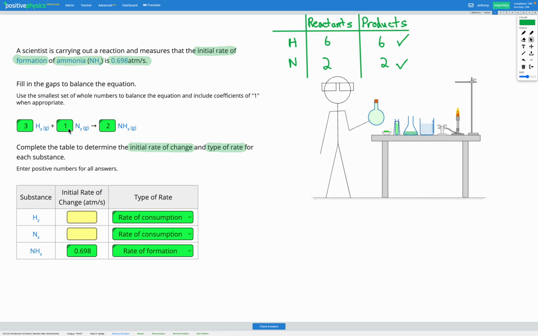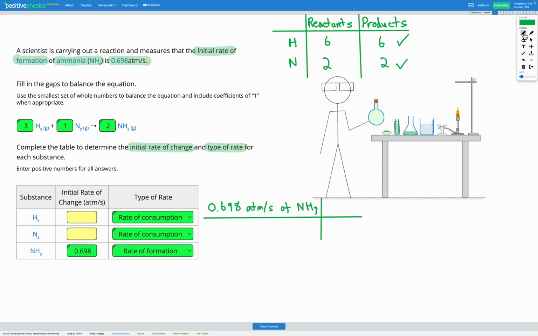It's going to be in ratio with how much we have in our balanced chemical equation. So I'm going to set this up like a normal stoichiometry problem with a dimensional analysis table. I'm going to start by writing the initial rate of change of my known thing. So I've got 0.698 atmospheres per second of ammonia.